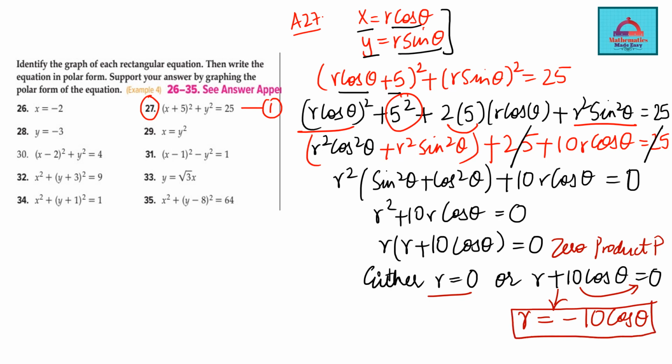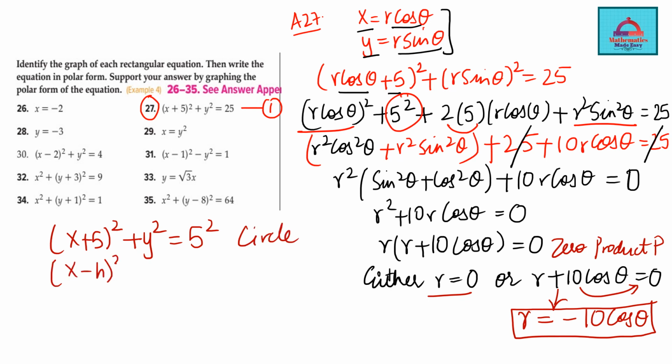And as you know, this equation, now if you have forgotten rectangular coordinates, let me quickly revise. This is the equation of a circle. How do I know that? Because (x minus h) whole square plus (y minus k) whole square equal to r square is the standard form of equation of a circle.